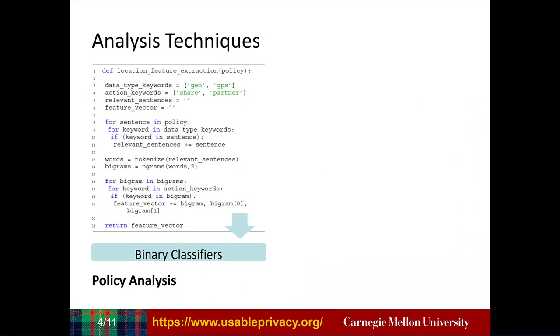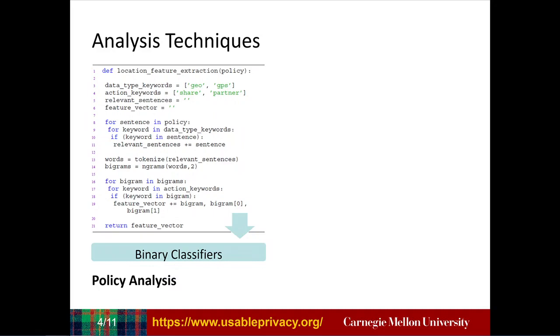Essentially, we look for keywords first. Here in this example, we look for geo and GPS in order to identify location practices. Once we find keywords like these in sentences, we extract the sentences.